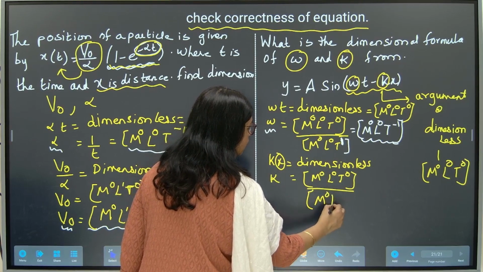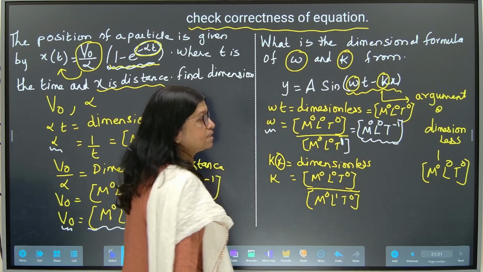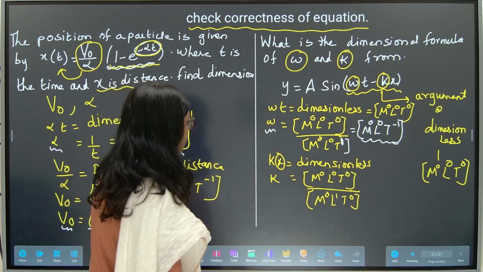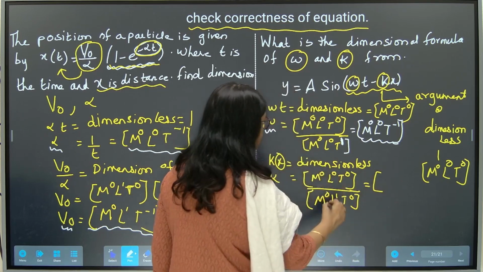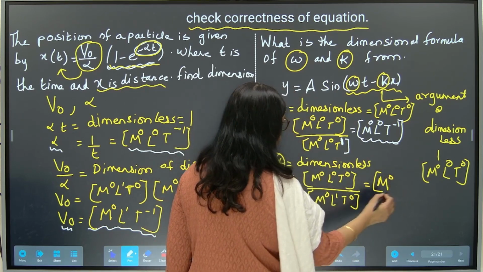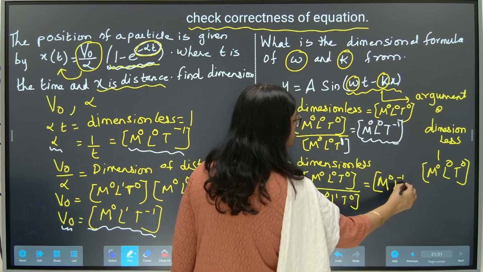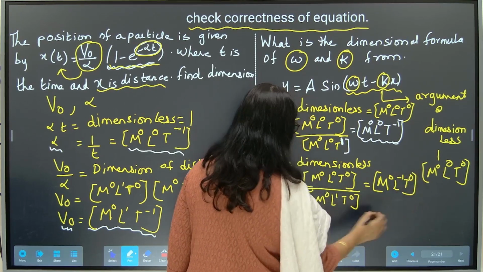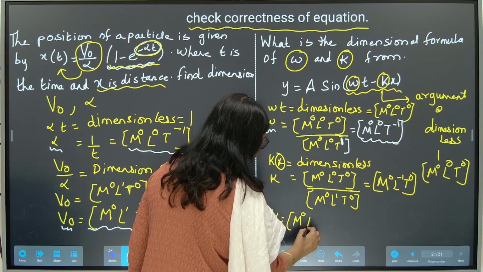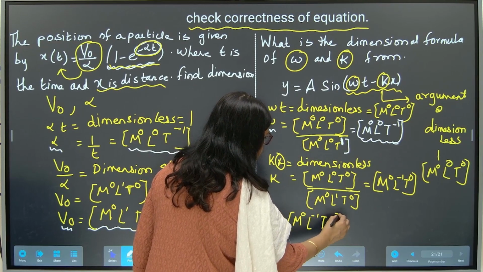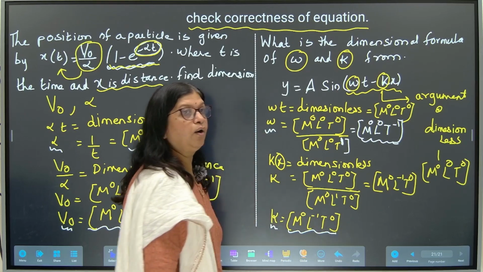M raised to 0, L raised to 1, T raised to 0 because x is distance. Clear? Okay. So what is my answer for k? M raised to 0 minus 0, 0. L raised to 0 minus 1, negative 1. And T raised to 0 minus 0, 0. So finally I have k is equal to M raised to 0, L raised to minus 1, T raised to 0. I am ready with the dimension of k also.